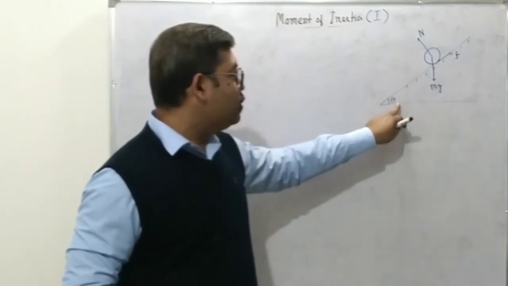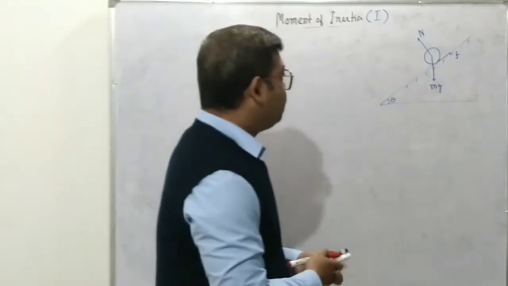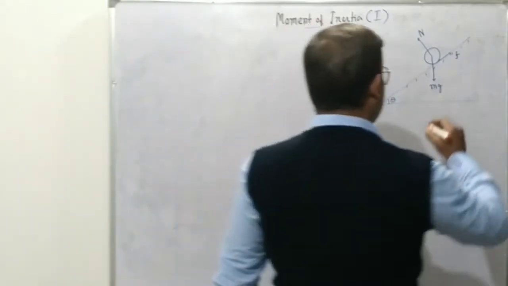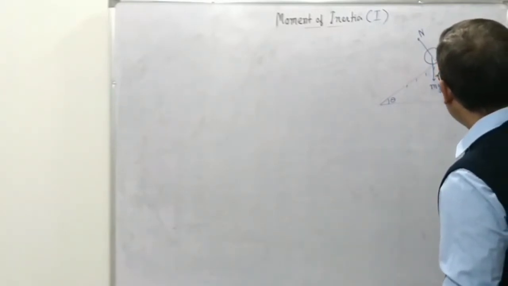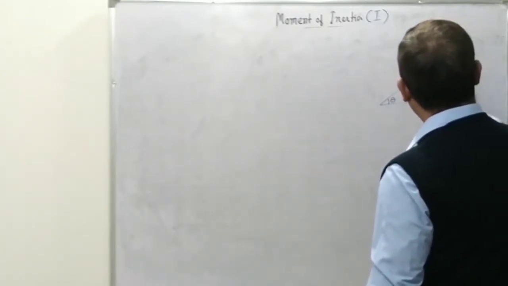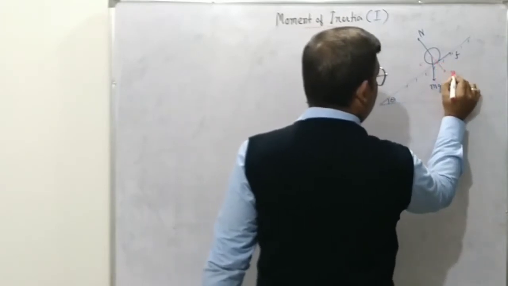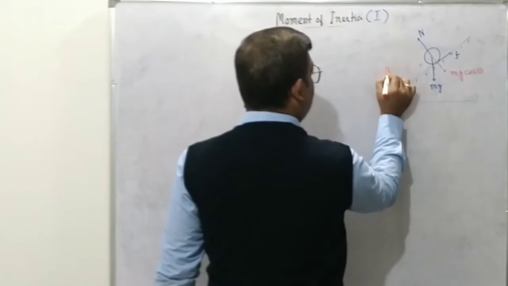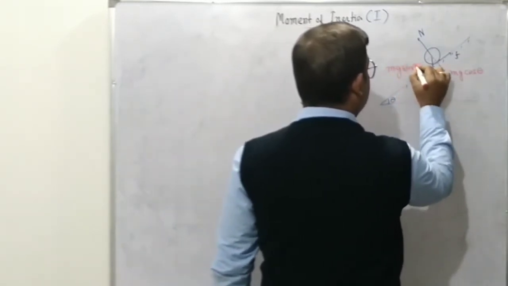Let's say the inclination of the plane is given by theta. So for our convenience we will resolve the weight into two components, one perpendicular to the surface and one along the surface. This component will be mg cos theta, and this component will be mg sin theta.